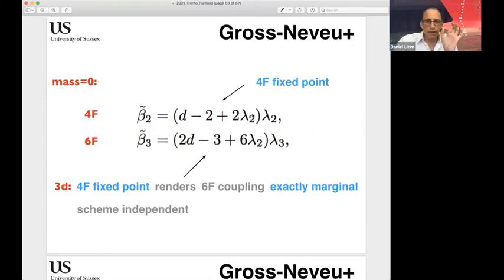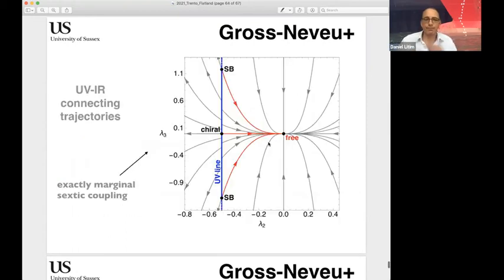And now the 4 fermion interaction, its fixed point is exactly the required input to make this coupling marginal. Now, we did all sorts of checks with this. In particular, we established that all of this is scheme independent, that it does happen for any scheme you use. Okay, so it is hardwired into the theory.